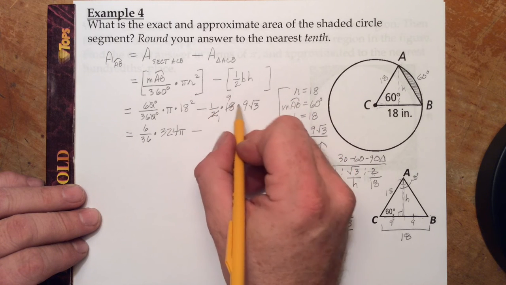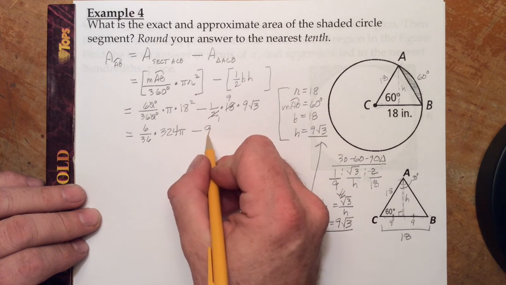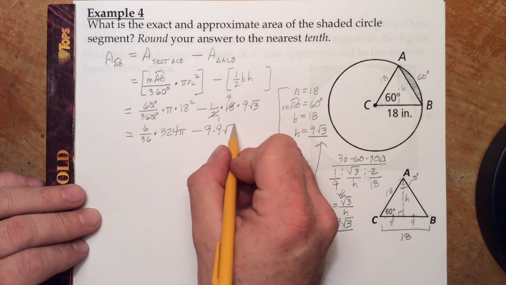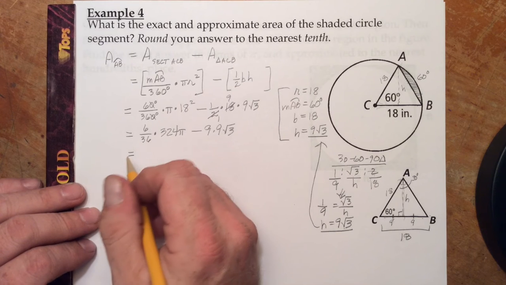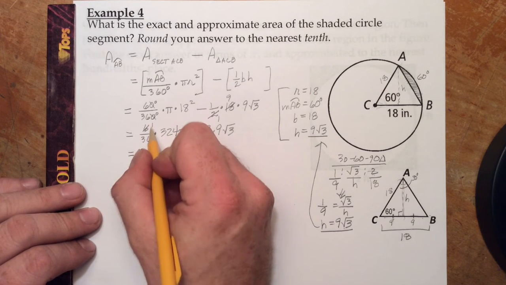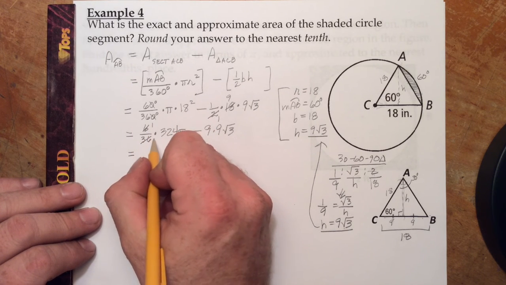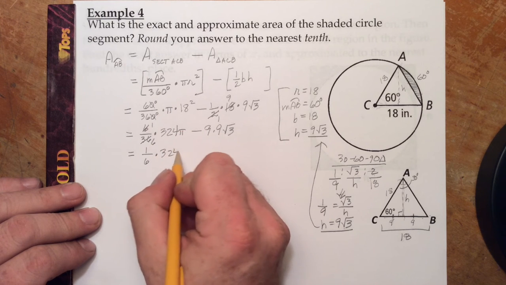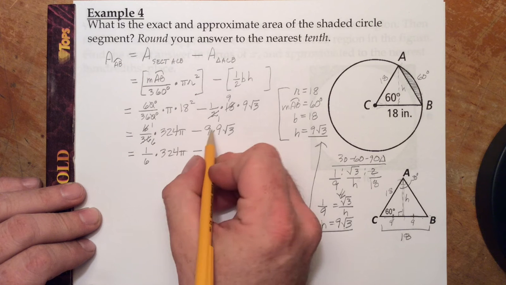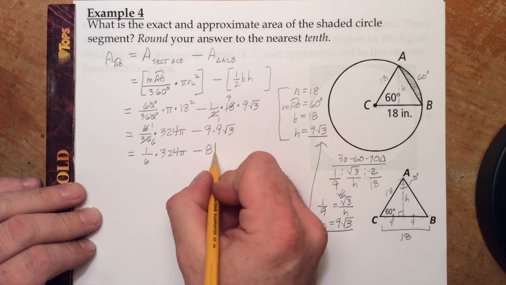Now we have 1 times 9 times 9 times root 3, so that's 9 times 9 root 3. 6 over 36 reduces by 6. 6 goes into 6 once. 6 goes into 36 6 times. We have 1/6 times 324 pi minus 9 times 9 is 81 root 3.